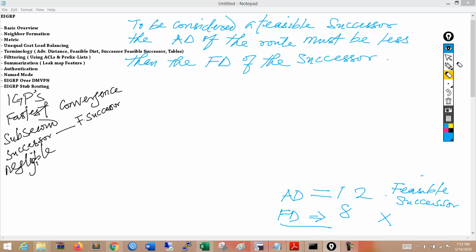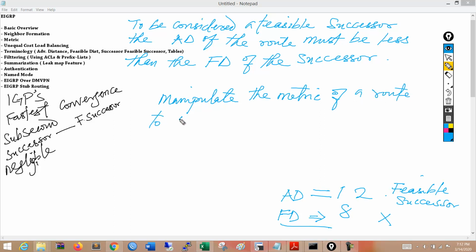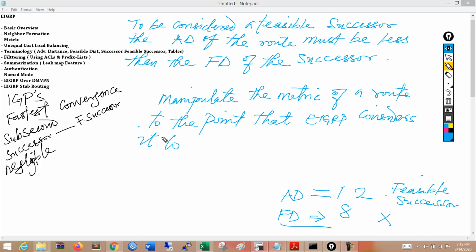The advantage is that you can easily manipulate the metric of a route to the point that EIGRP considers that route to be a feasible successor.